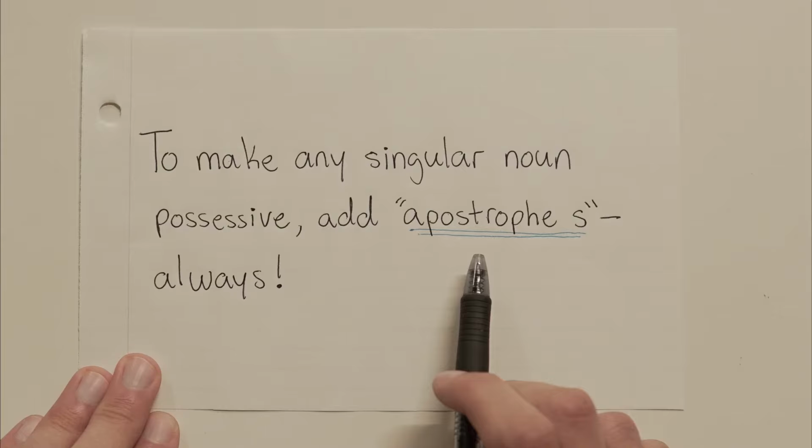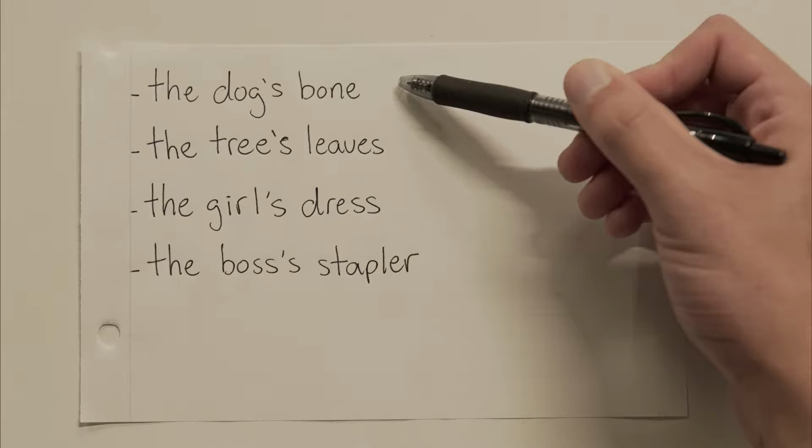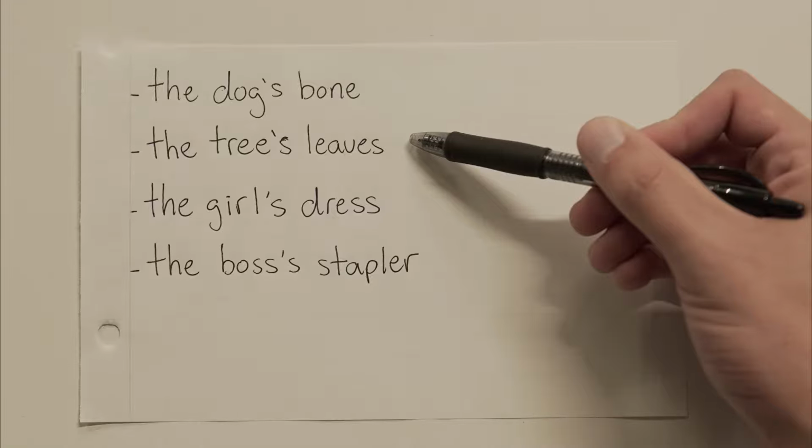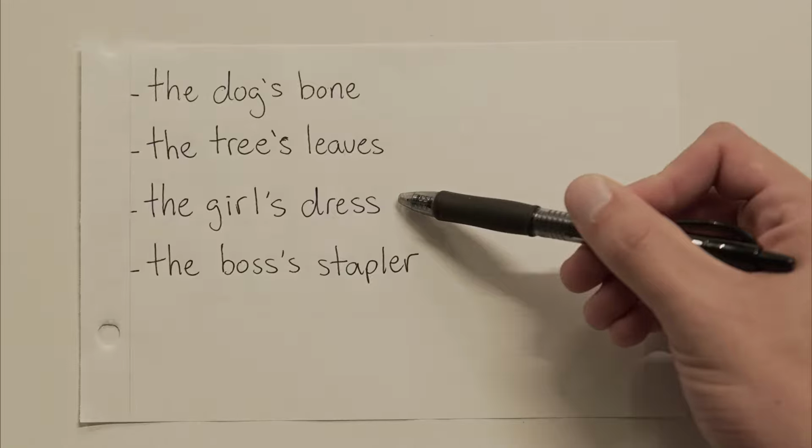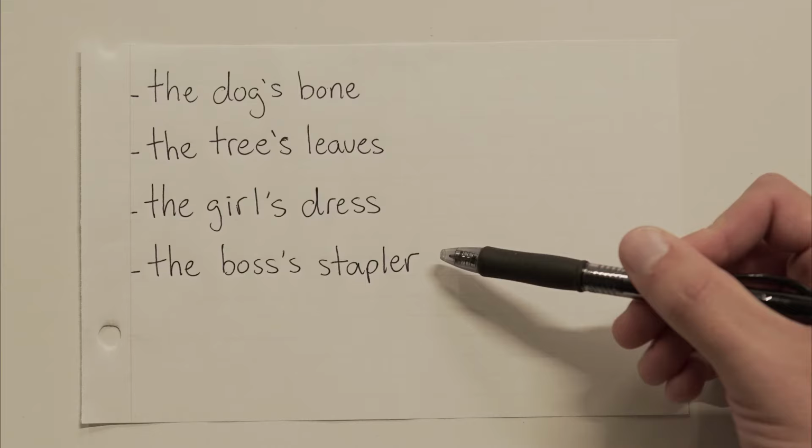Now, the thing you really need to make sure of, when you use this stuff, is that the noun you pick, dog, tree, girl, boss, whatever, is right next to the thing it owns in the sentence. They have to be right next to each other. The dog's bone, the tree's leaves, the girl's dress, the boss's stapler.